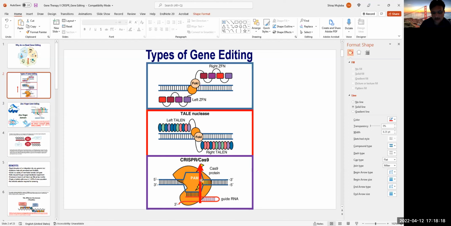And as far as strategy-wise and dollar-wise, this is cheaper and more precise, more neat than these two above technologies. So I'll just briefly talk about zinc finger and TALEN and then go into CRISPR.